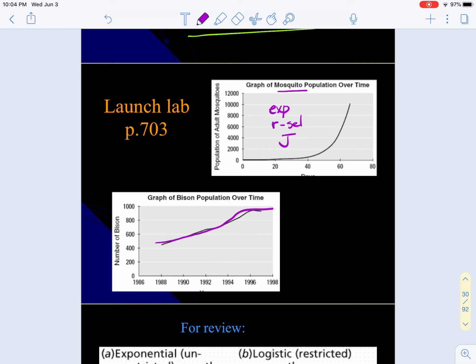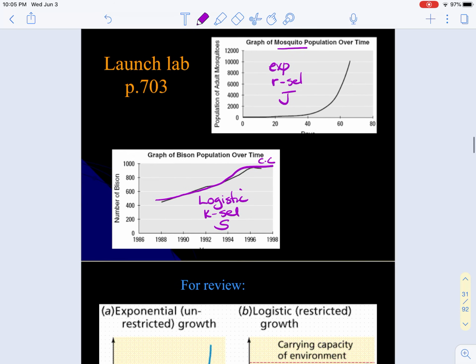For this one over with the bison, it took them a little time to get going here, but eventually they are growing in number, but then they kind of level out at around 950 bison over these years. So we consider this one a logistic growth pattern. These are K-selected species, these bison, that reach carrying capacity. And so this would be an S-shaped graph.